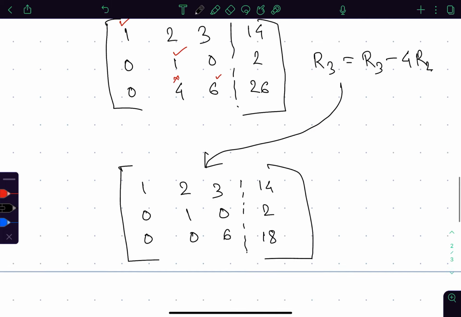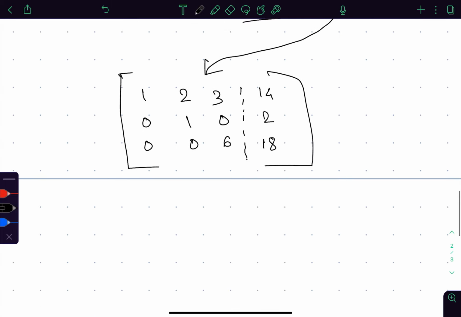Now another thing we need to do is the last one. This one we need to make 1, so we'll have to divide by 6. That means R3 equals R3 divided by 6, basically just a scalar operation.